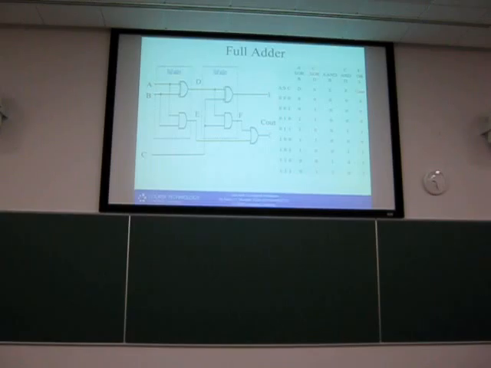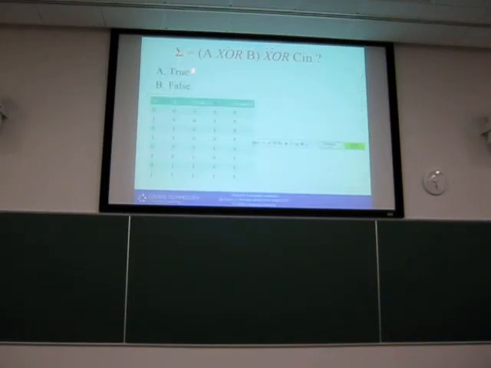This is a full adder. These are the two numbers we want to add up, plus the carry bit, which is the carry in, and it's made up of exclusive OR, AND and OR gates here. I will not go through all the different stages, but for the sum bit, which is this column over here, is it that statement?